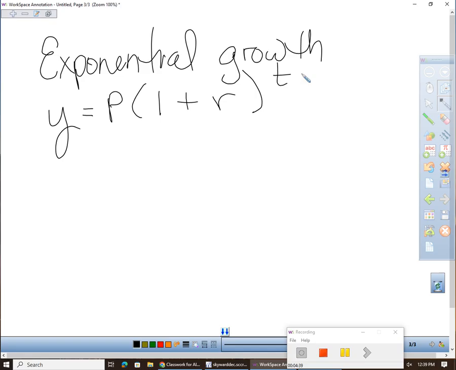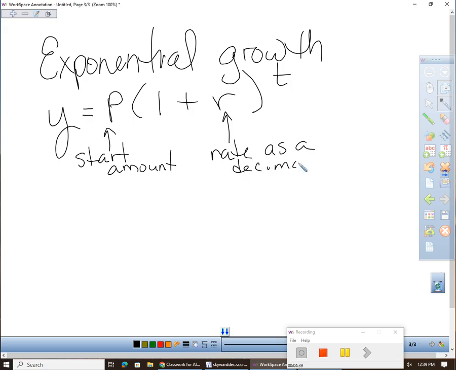So p, again, is your starting amount. We call it our principal. The r is your rate as a decimal. And t is time, or number of years.